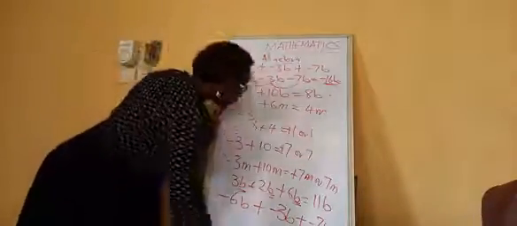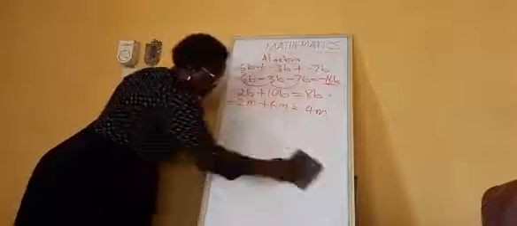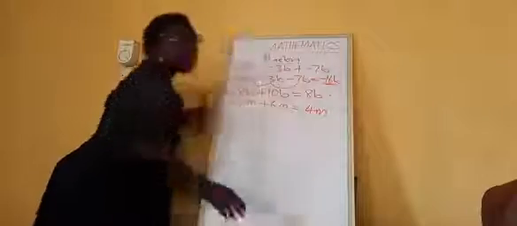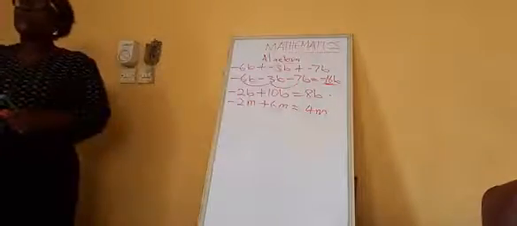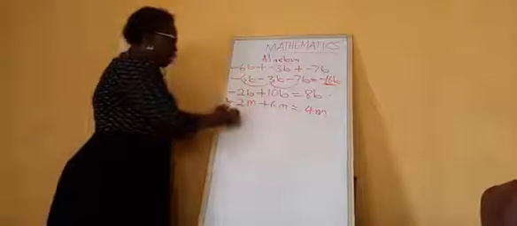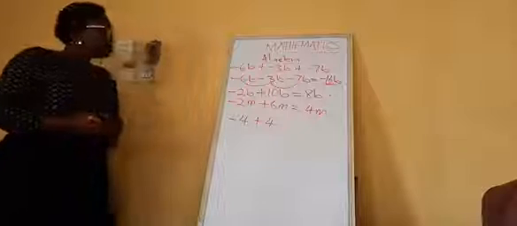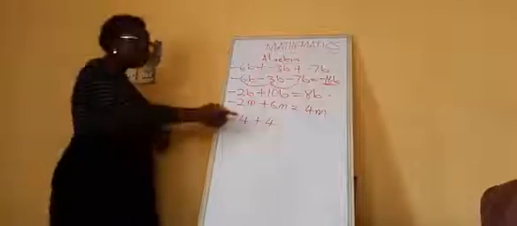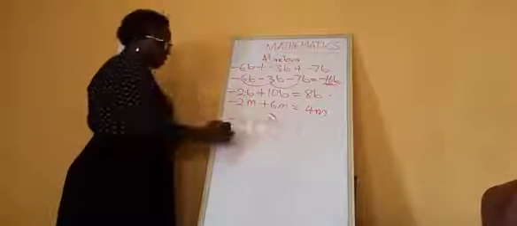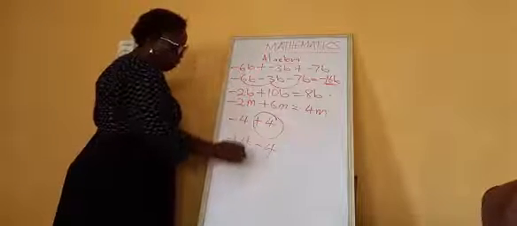Now, let's look at a situation where you have the same number with different sign. Example, when you have minus 4 plus 4. When you reverse it, you have something like this. This one will come first, which is plus 4, then minus 4, or 4 minus 4.